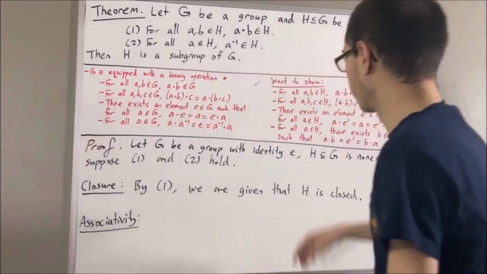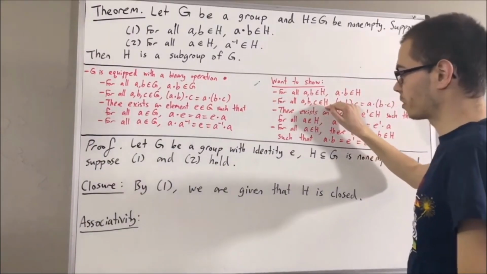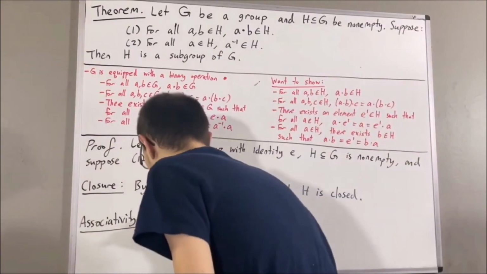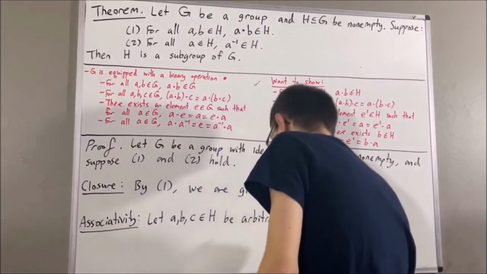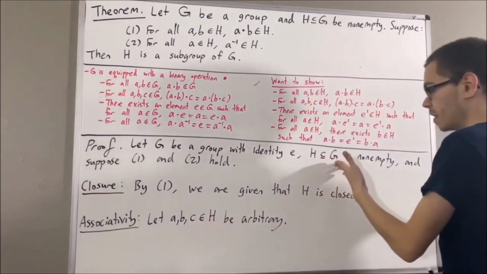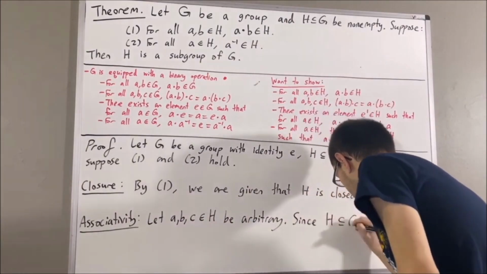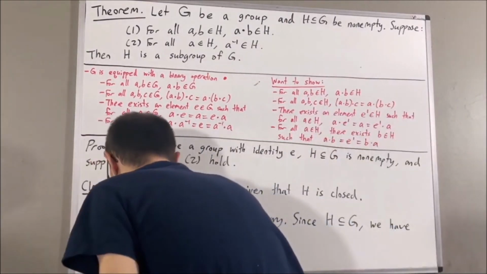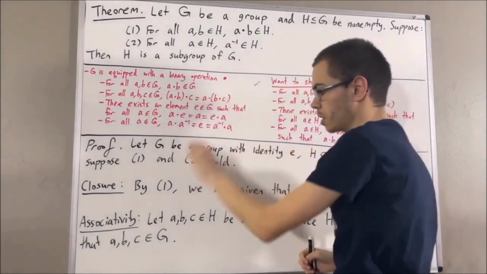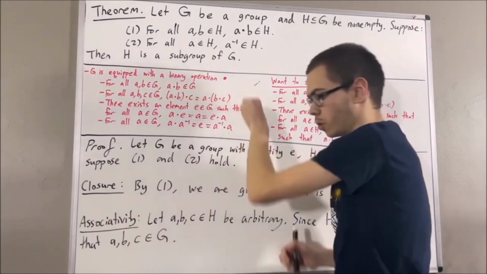For associativity, we're trying to prove a statement about every 3 elements in H. So let's give ourselves 3 arbitrary elements of H. I'll call them A, B, and C. Now, since H is a subset of G, this tells us that A, B, and C all belong to G. But remember, associativity holds in G. So since A, B, and C all belong to G, we have that this equality holds.